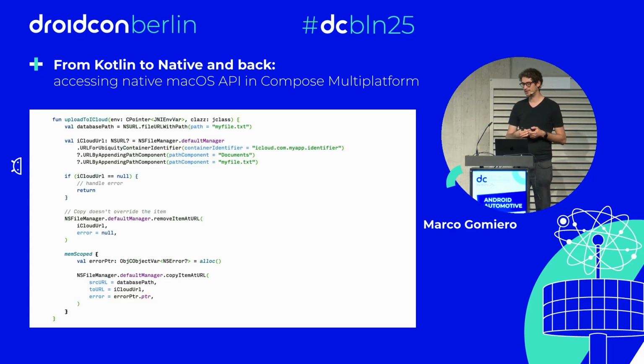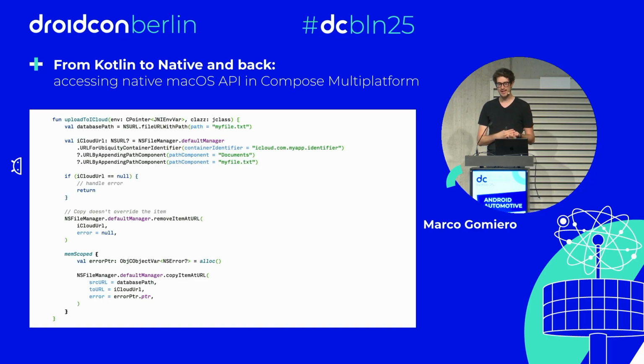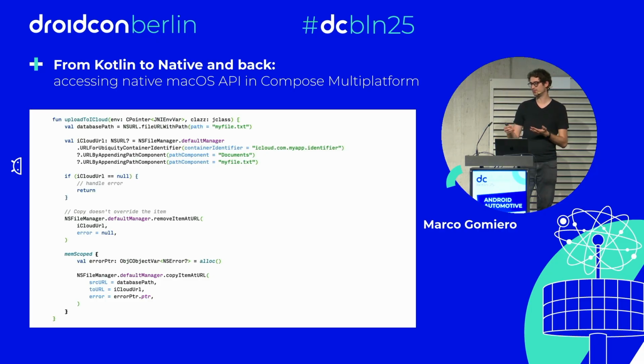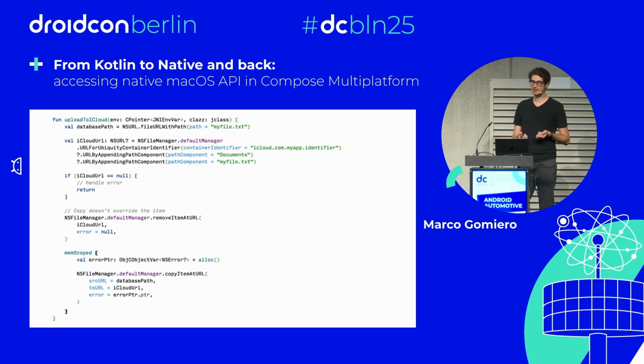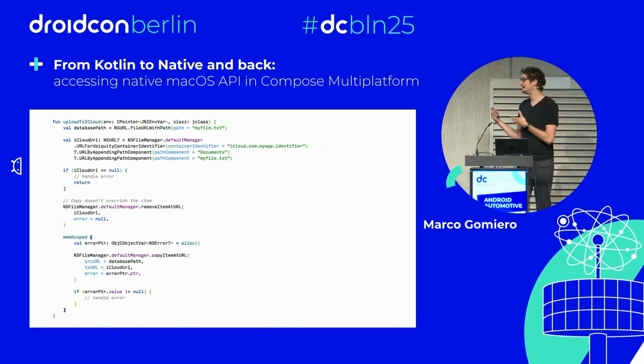So in this case, this copy item at URL can just copy from our source, the database path, to the destination, which will be the iCloud URL. And we can pass the pointer, and then after that, we can check if the pointer is not null. If it's not null, then something bad happened, and we have to handle the error.